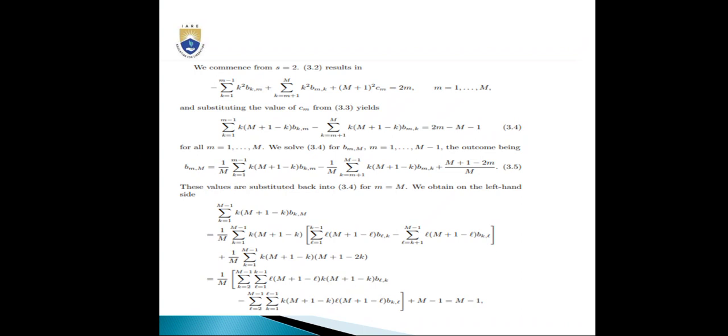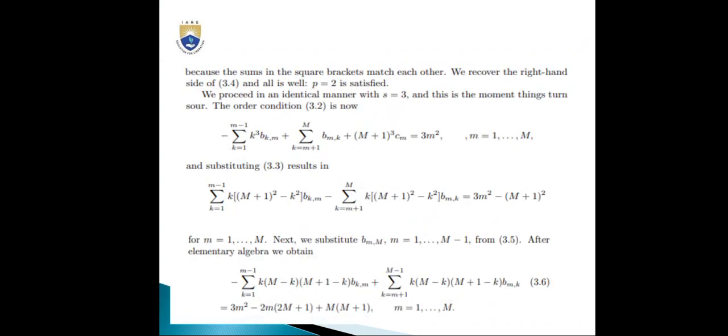These values are substituted back into 3.4 for m = capital M. We obtain on the left-hand side these equations. Because the sums in the square brackets match each other, we recover the right-hand side of 3.4 and all is well. p = 2 is satisfied.